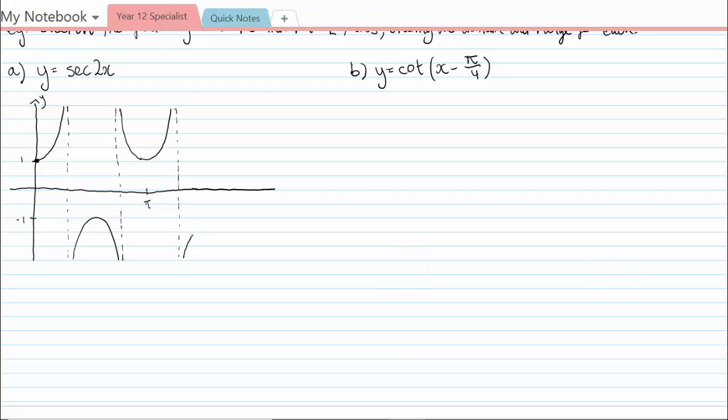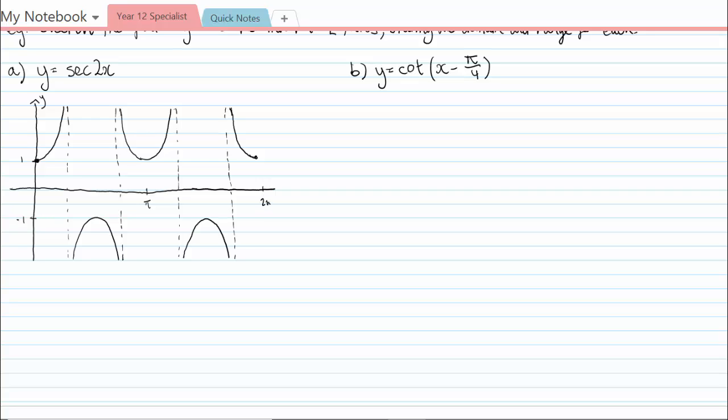So again, when you're doing these, try to have nice, even spacing. Okay, so there we see 2 full cycles.